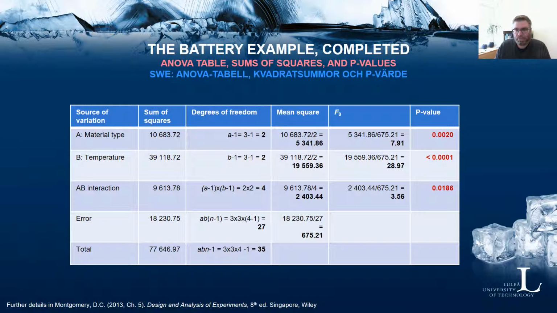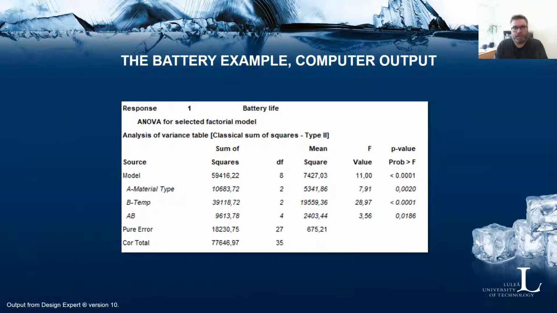Okay. So let's take a look at how a computer output from the Design Expert software would look in this example. It's very similar. There are maybe only two differences. One is that the mean square for error, or error component, is called pure error in the Design Expert software. And also in the software we get a summation of the sum of squares for all components in the model.